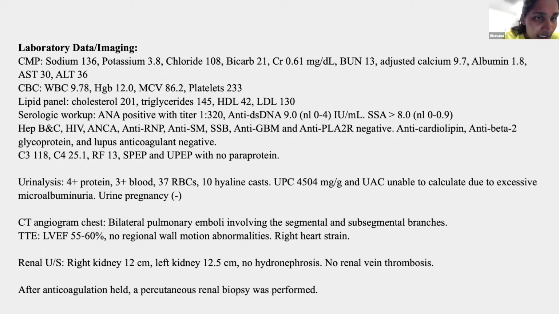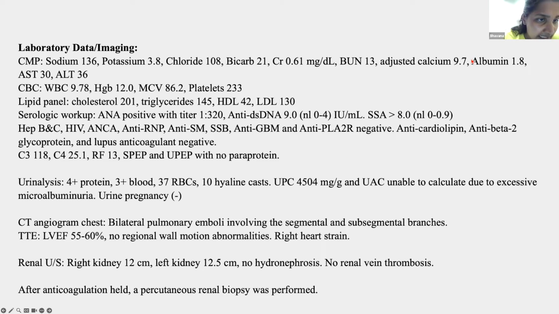Serologic workup was positive for ANA with a titer of 1 to 320. Anti-double-stranded DNA was 9.0, and SSA was positive, greater than 8.0. Hep B, Hep C, HIV, ANCA, anti-RNP, anti-Smith, SSB, and anti-GBM, as well as anti-PLA2R were negative. Anti-cardiolipin, anti-beta-2 glycoprotein, and lupus anticoagulant were also negative.